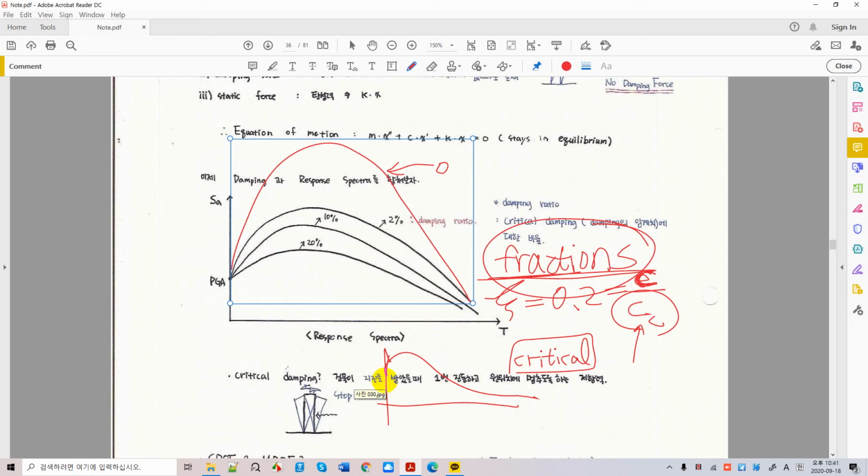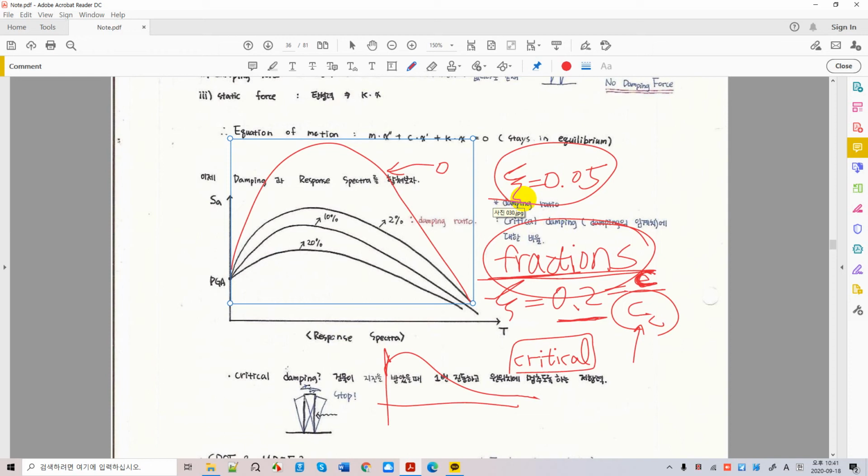So when you say 0.2 or 20% damping, you have 20% of Cc, in other words. If you say 0.05 critical damping, then you're saying 5% damping, a fraction of Cc, which is critical damping.